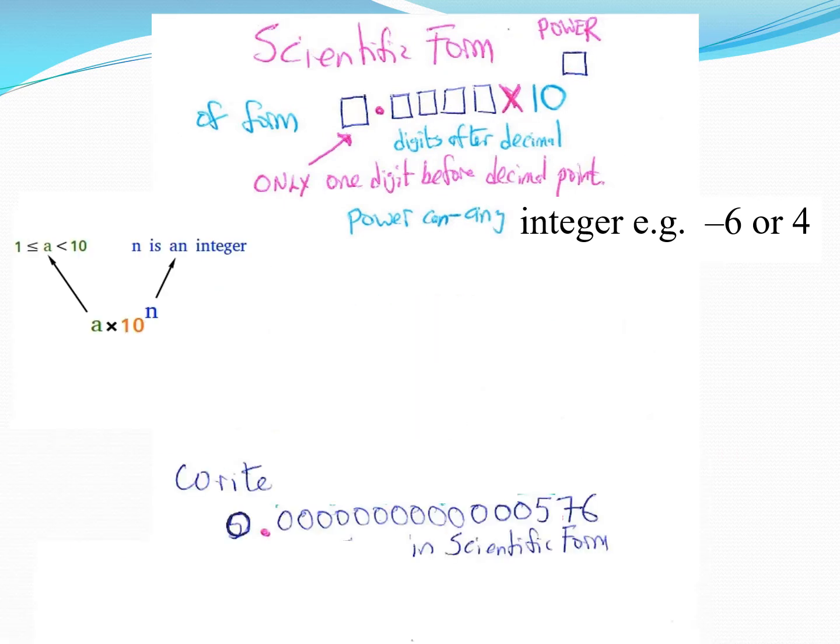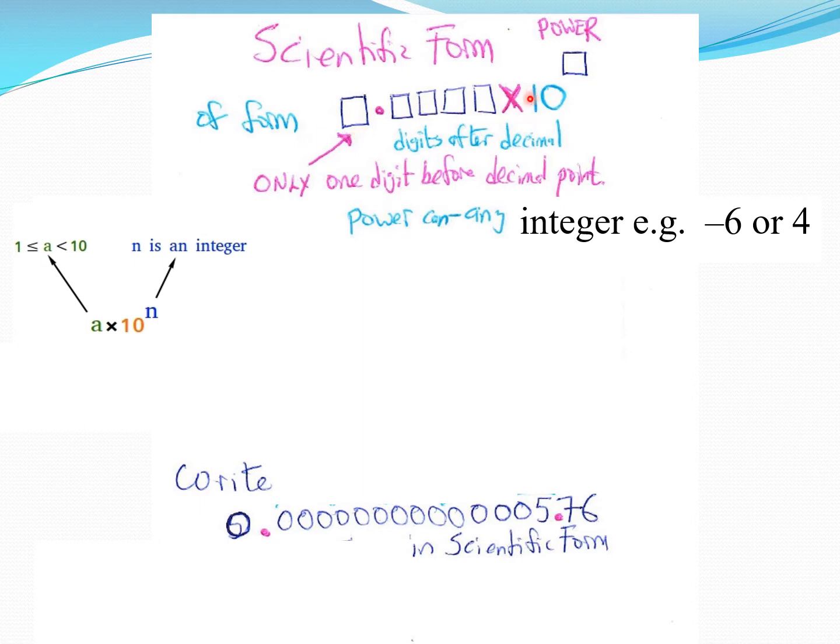We'll see that. So here's an example. 0.000, so many zeros there, 576, and we want to write that in scientific form. So again, we want to move that decimal point over so that the first part of the number is 5.76. So it's fitting into this scheme always. The number is between 1 and 10.